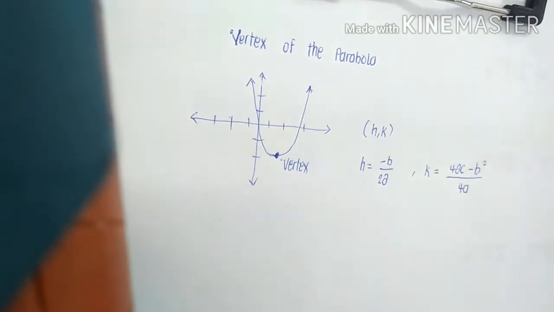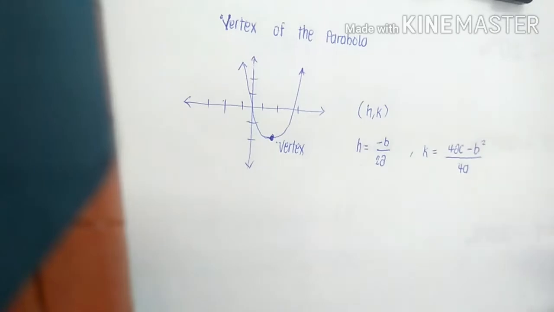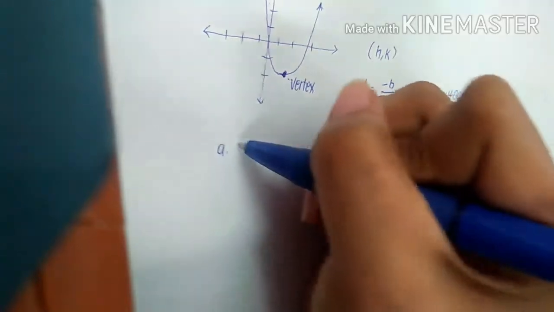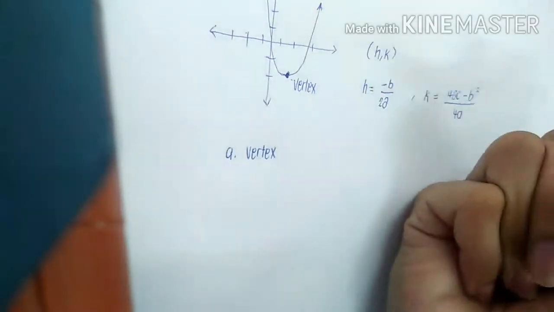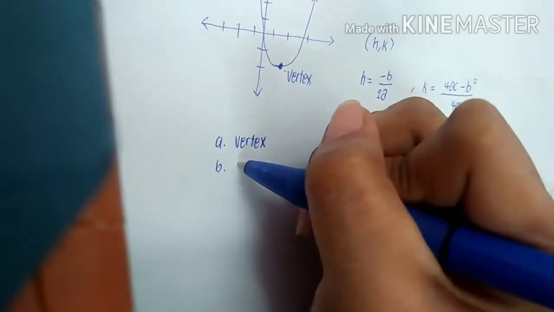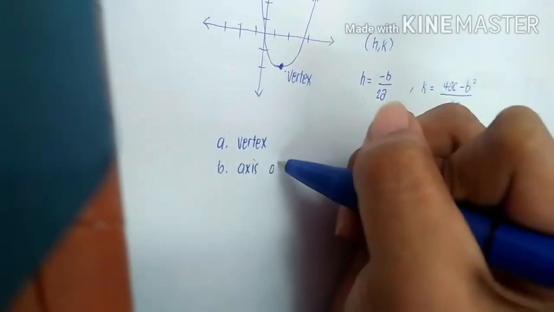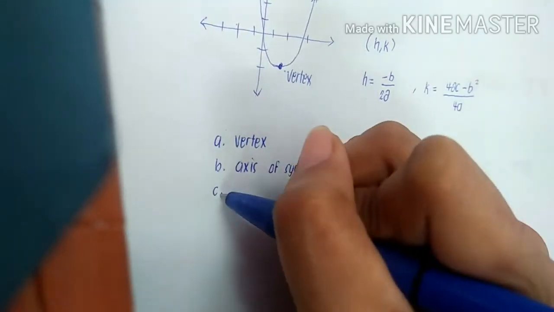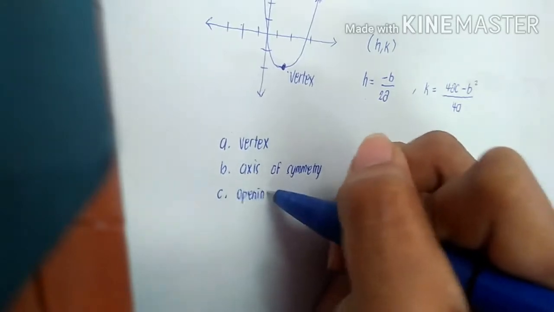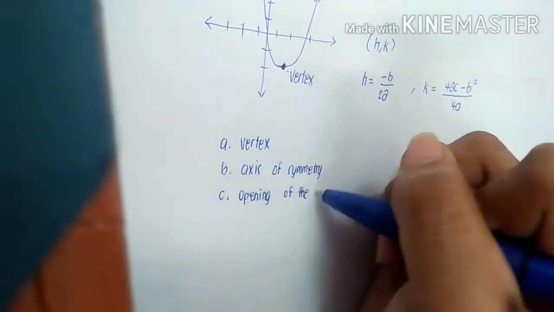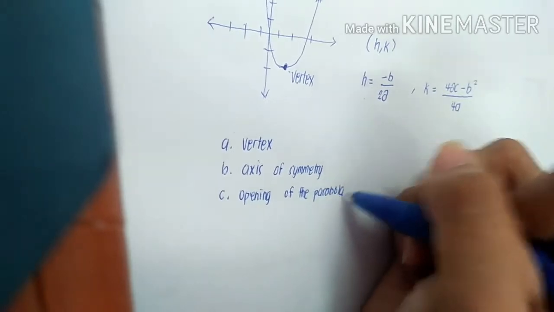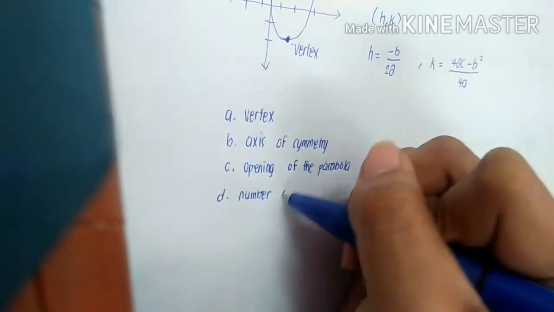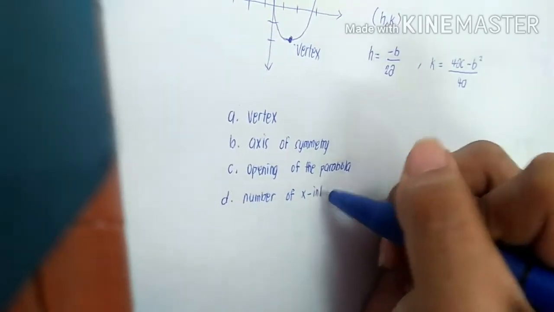So I have here an example. We will be identifying the vertex. Next, we will be identifying the axis of symmetry. Letter C, the opening of the parabola. Letter D, number of x-intercepts.